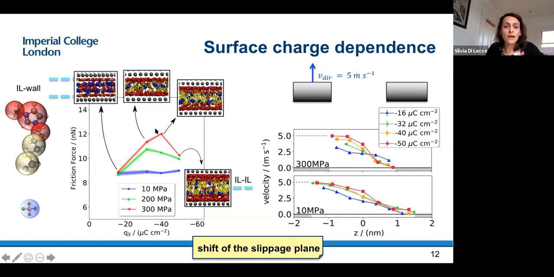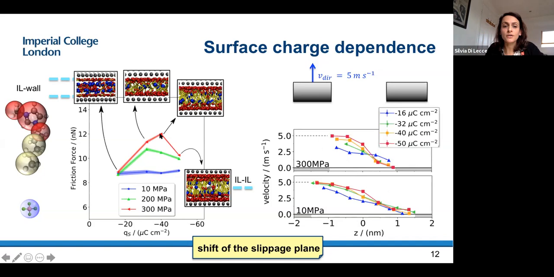Instead, for a larger pressure, we see that at low charge density, the ionic liquid is moving basically as a solid block, at the same velocity, which is half of that of the wall. And then the shearing, the slippage plane, is happening actually between the ionic liquid and the wall.